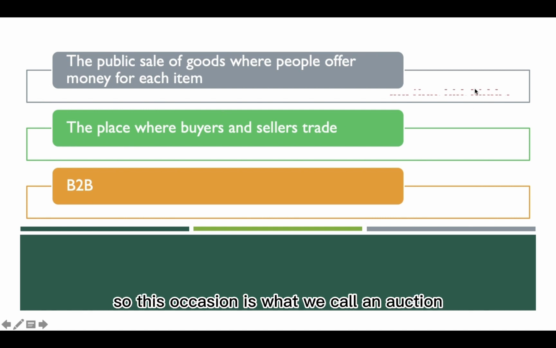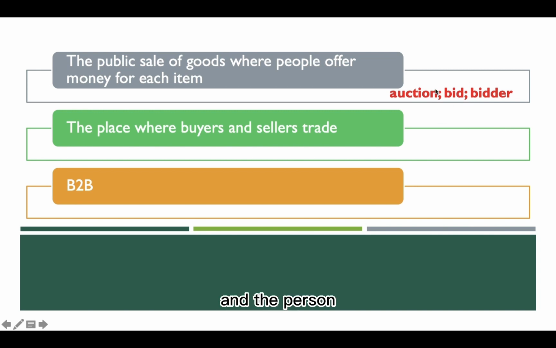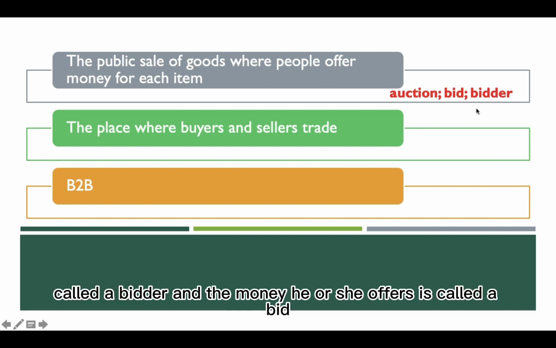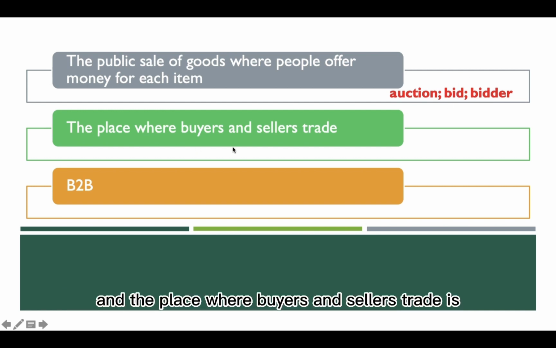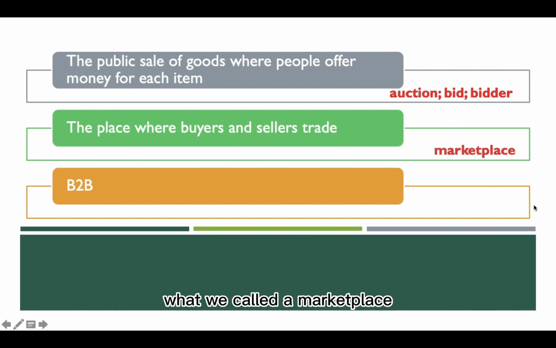So this occasion is what we call an auction. And the person who offers prices in the auction is called a bidder. And the money he or she offers is called a bid. And the place where buyers and sellers trade is what we call a marketplace.